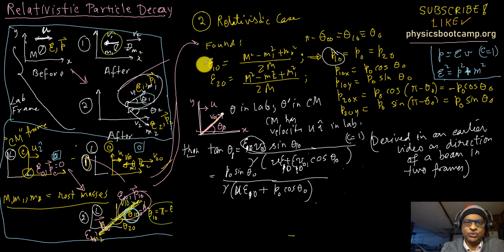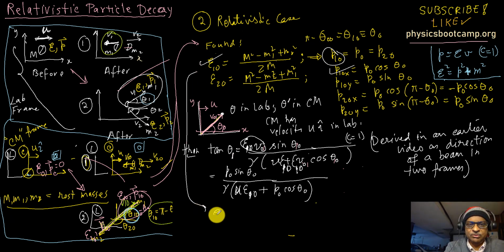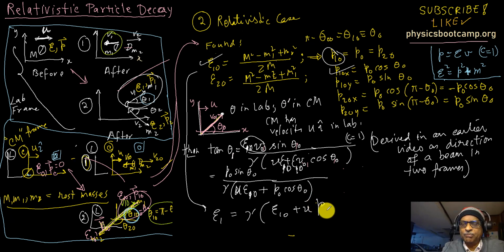And of course, using this and this, as you have seen before, we can write out what E1 in this frame will be. E1 will be just gamma times E10 plus u, that's the relative speed of the frames, times P10x. And this P1, the x component, P1x, and then we'll have to get P1y also.